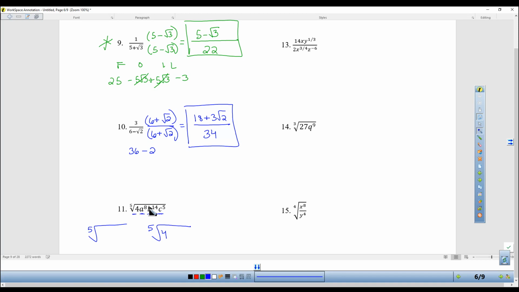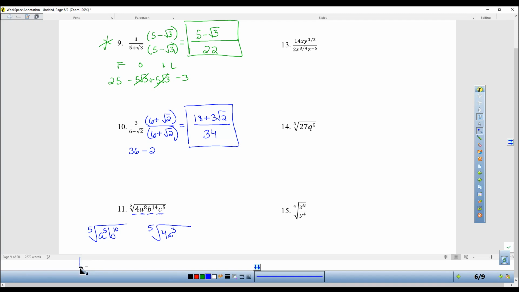A to the 8th, I'm going to put 5 of the a's here, and I'm going to put 3 of them here, because I can simplify the 5th root of a to the 5th. It's just going to be a. How many of the b's, though? Do you know? So I can do 10 of the b's, because there's 2 ways to think about this.